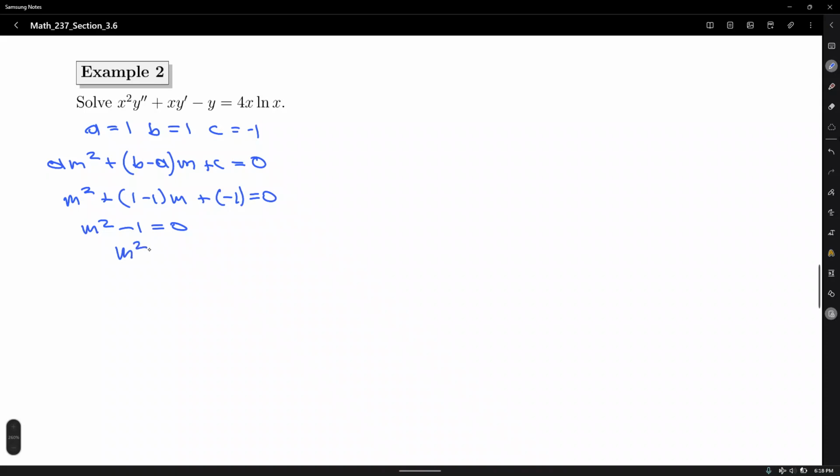This is a quadratic equation that again we can solve using the square root property. m equals plus or minus the square root of 1, which is plus or minus 1. All right. So let's form the solution y sub c, the complementary or homogeneous solution, that is yc equals c1 x to the first plus c2 x to the -1.